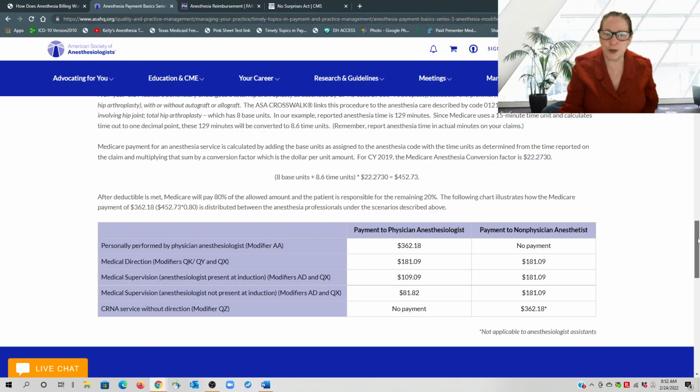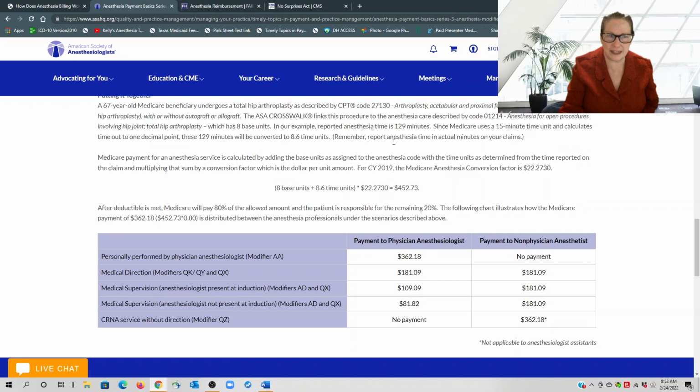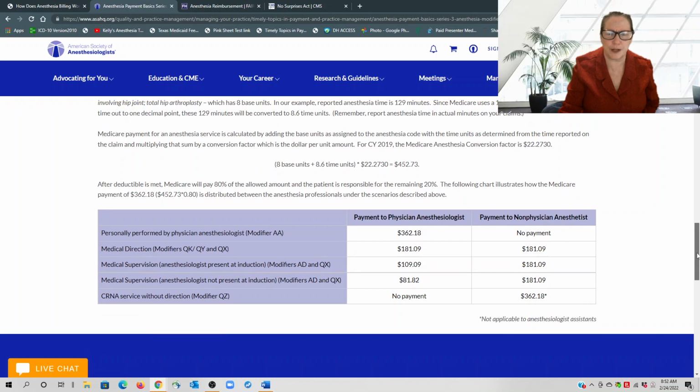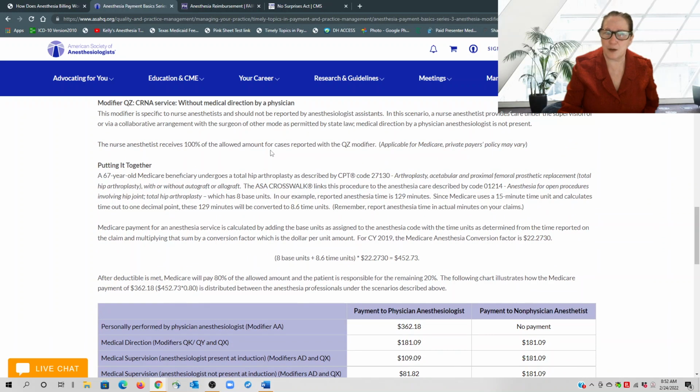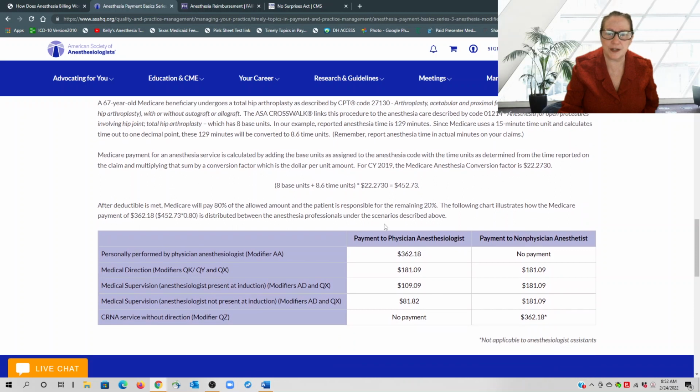All right, so over here we are at the American Society of Anesthesiologists website. These are all open to consumers. Here they break down that with Medicare, taking that formula we looked at a moment ago with the procedure and the time, if there was just one anesthesia person, either the physician or the CRNA, they will pay 100% of that payment to the one person.